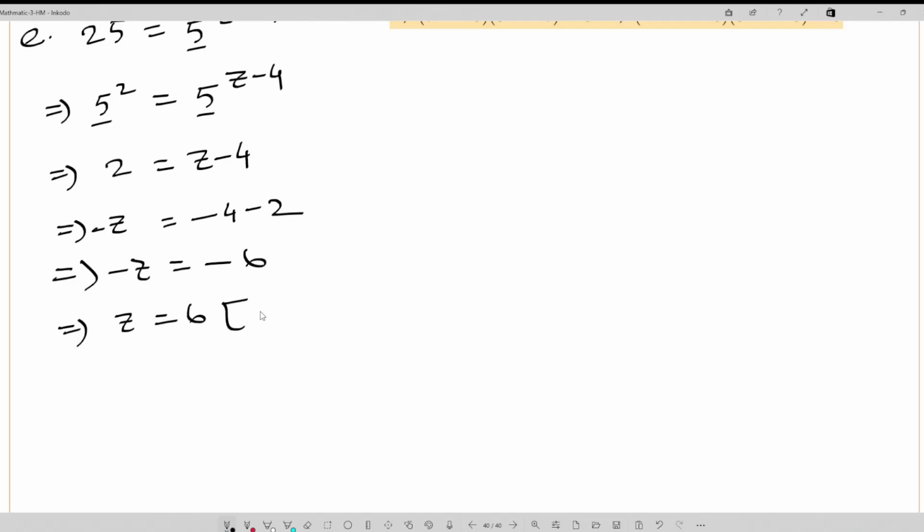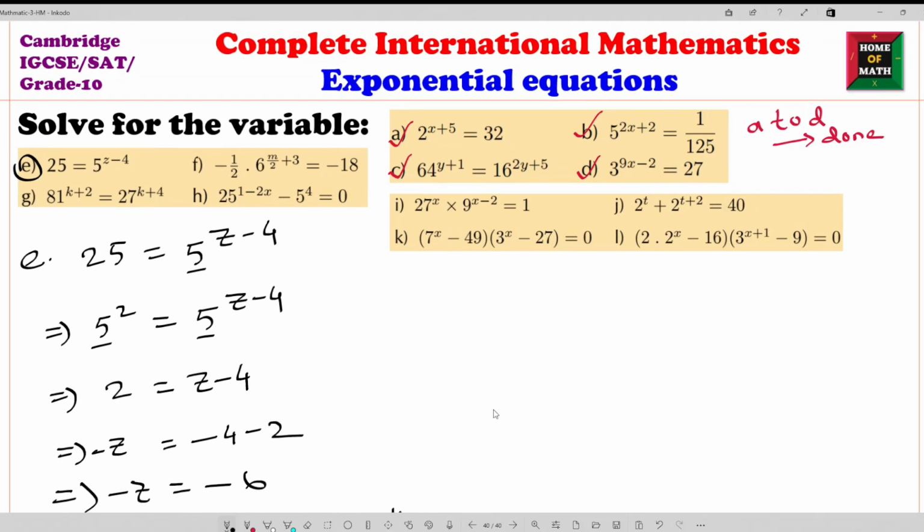We can write multiply both sides by minus 1. Okay, our answer is z equals 6. So number E done. Now number F.